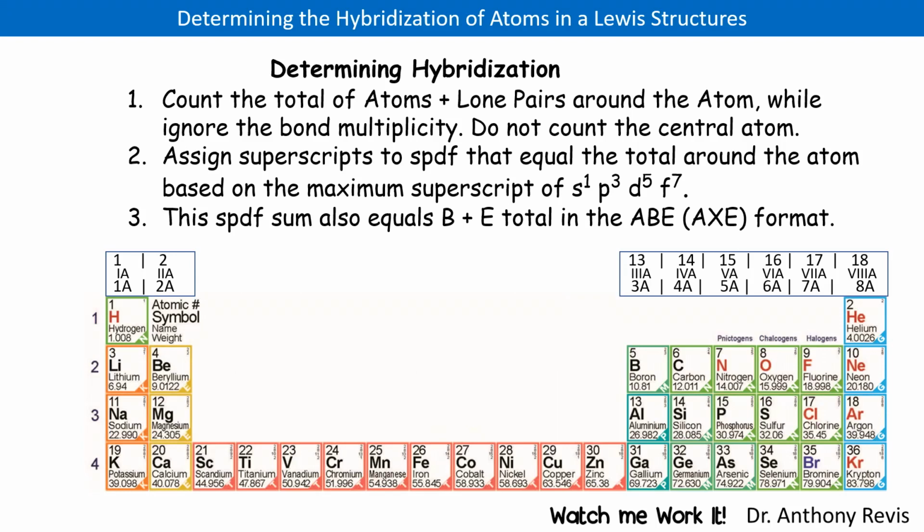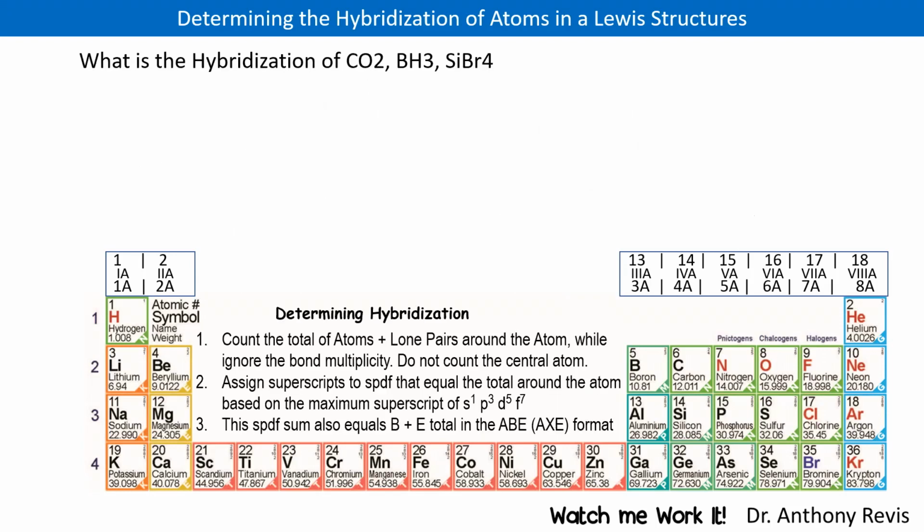All right, so let's do some problems. Let's start with the hybridization of carbon dioxide. You can either draw out the full Lewis structure to take a look at it, or if you intuitively know what it is, you can go to work. In this case, we know that carbon dioxide looks like this. But without even drawing it, I know that there are no lone pairs on carbon.